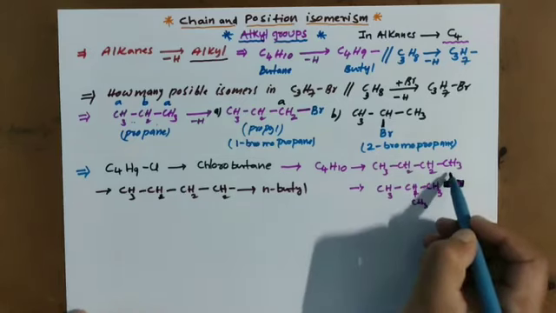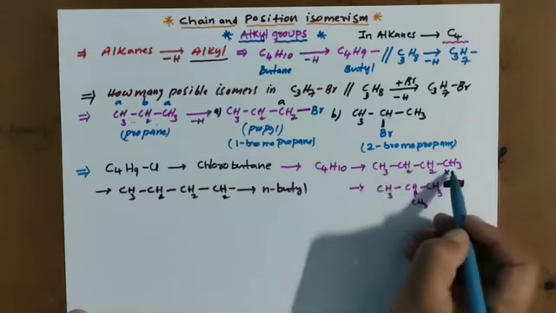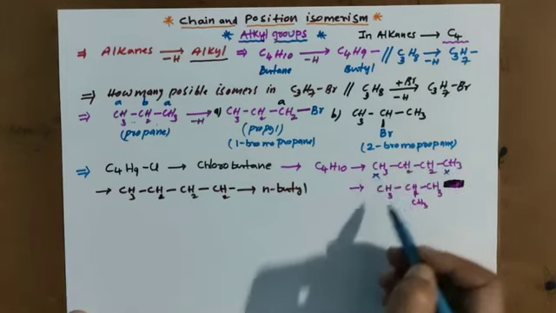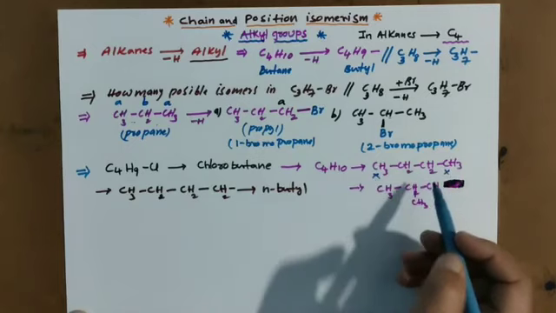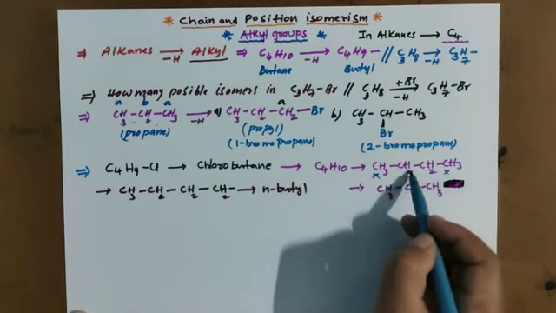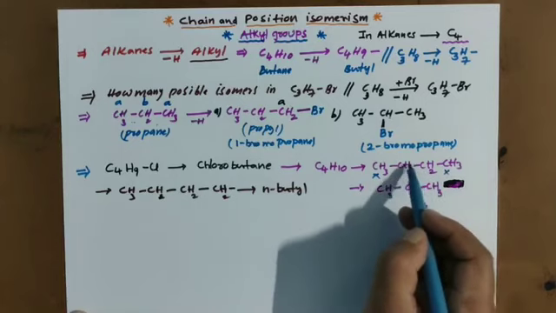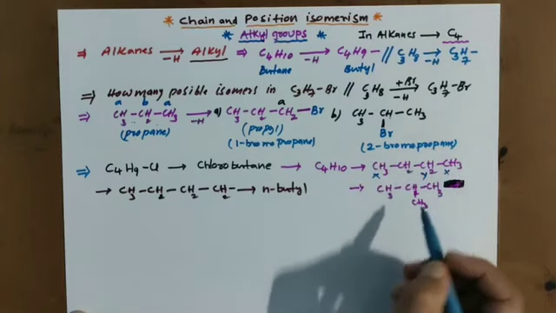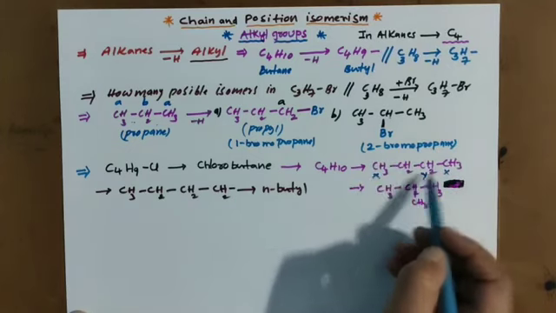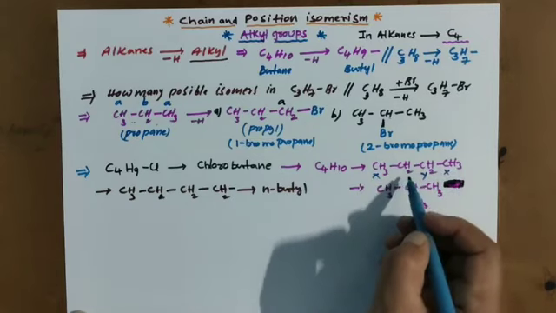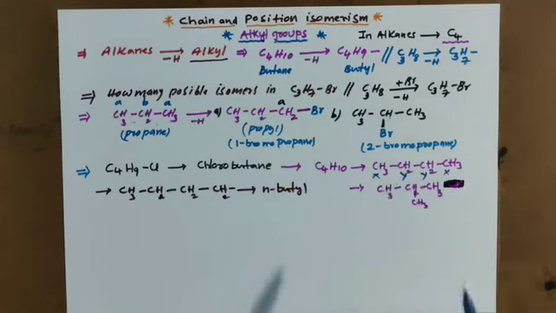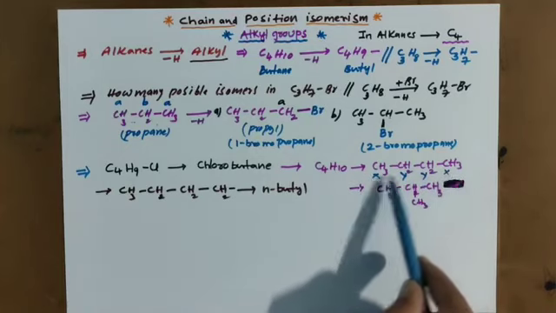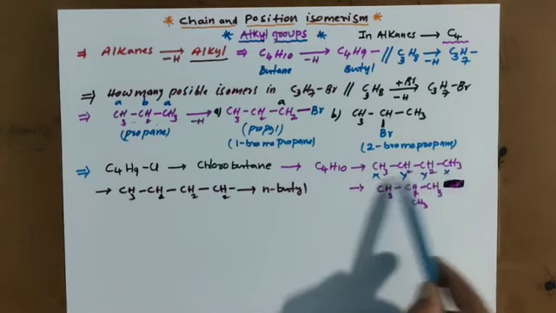Go for this carbon bonded with 3; take this as X. This carbon is also bonded with 3, so this is also X, or A. And this carbon is bonded with 2 carbons on one side and 1 on the other, so this is Y. This other carbon is also Y. These two are the same type.